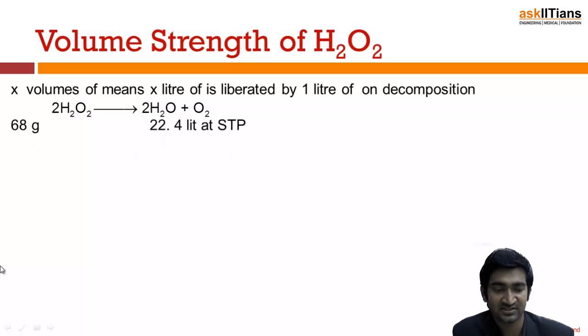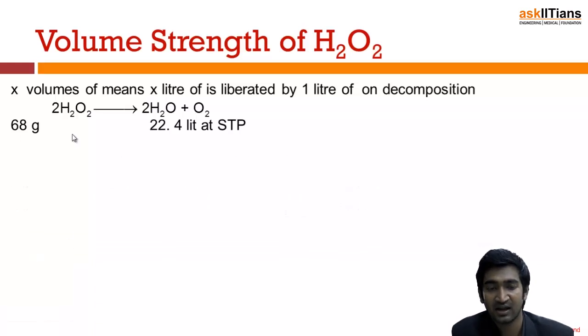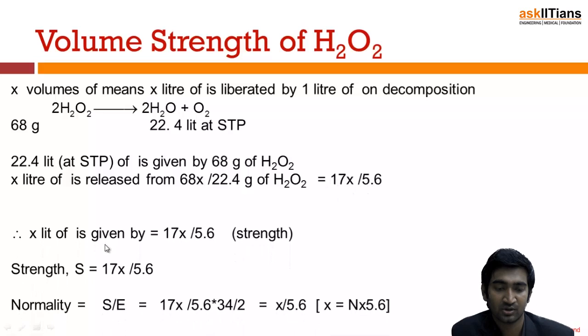You can see 68 grams gives 22.4 liters of oxygen gas at STP. So 22.4 liters is given by 68 grams, so X liters is given by 17 into X divided by 5.6. This is the strength, S, equal to 17X divided by 5.6.